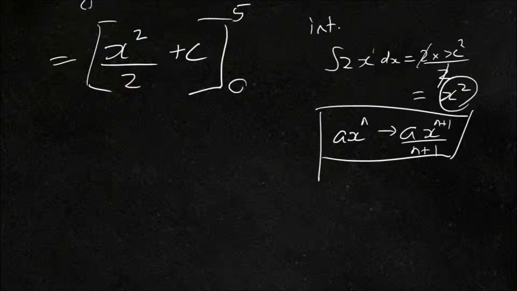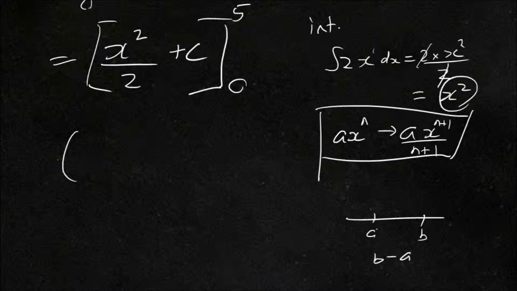So now we substitute our values. Because we're talking about between a and b, the distance between a and b is b minus a. So what we want to do is substitute 5 in. So this is 5 squared over 2 plus c.